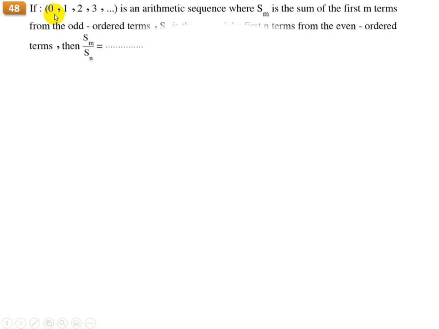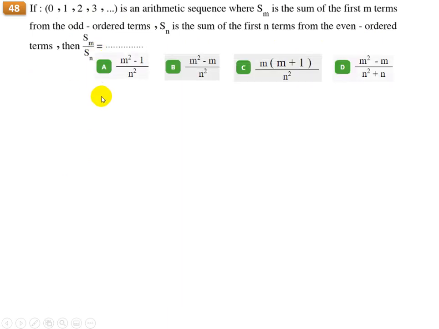Next question number 48. If 0, 1, 2, 3 is an arithmetic sequence where Sm is the sum of the first m terms from the odd order terms, Sn is the sum of the first n terms from the even ordered terms, then Sm over Sn equals.